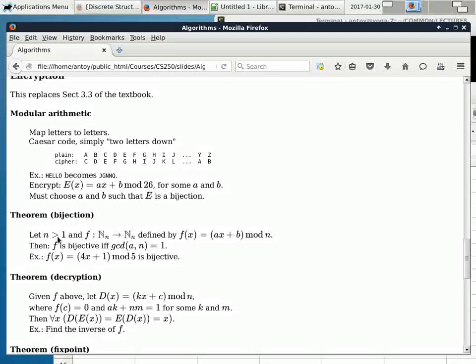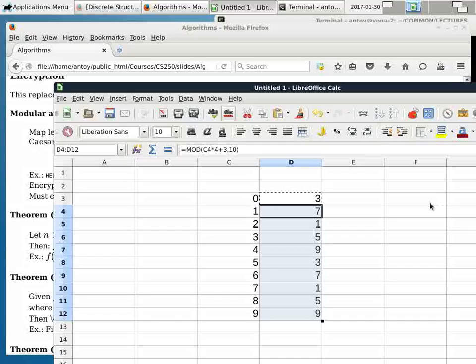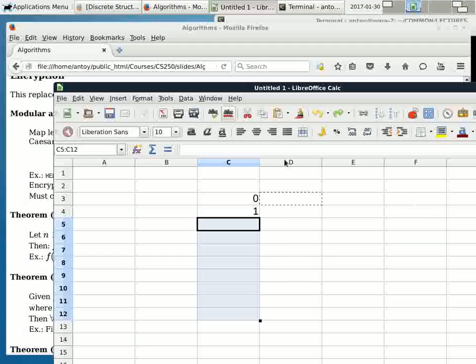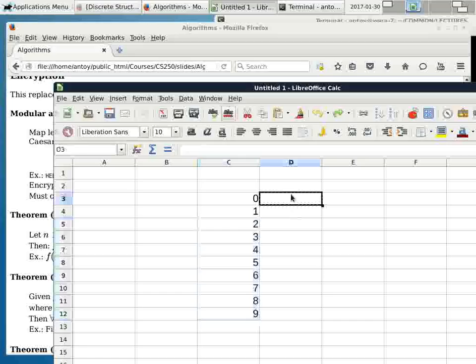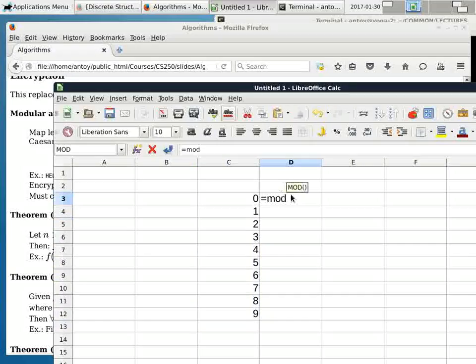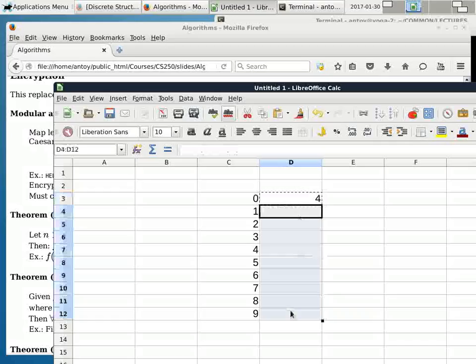So let's pick the example that we had before. Let me write the one that I had before: 3 times x plus 4 mod 10. So this was the good one. Now this is the encryption.